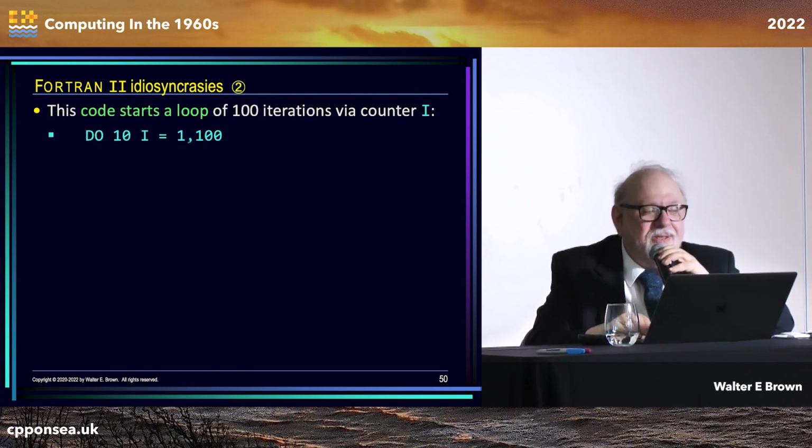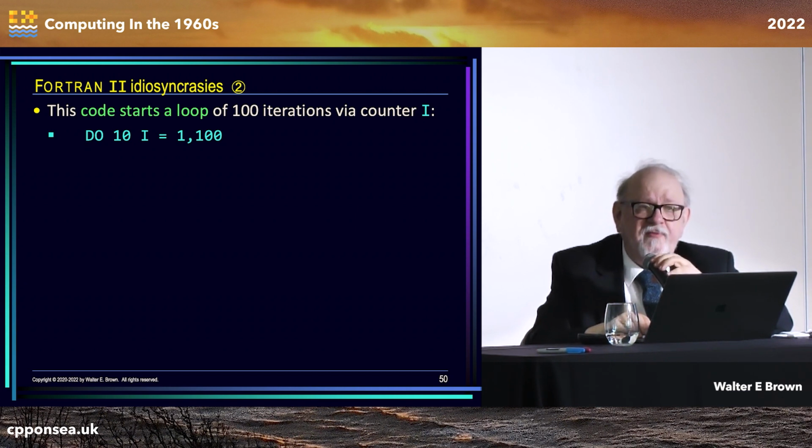Another little idiosyncrasy. This is Fortran 2 code that starts a loop. It's a so-called do loop. So this does 100 iterations through a counting variable here named I. And the 10 refers to a label for the last statement in the body of the loop. Okay?